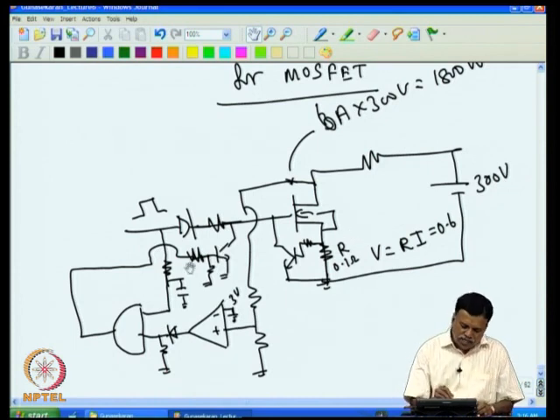Now you may ask, what is this I have done here with RC? This is for when this goes high the first time. If no short is there, we should allow this to work. So if there is no short, this will go high only after some time, because initially when the MOSFET is off, this will be high. So this will go high after some time only.